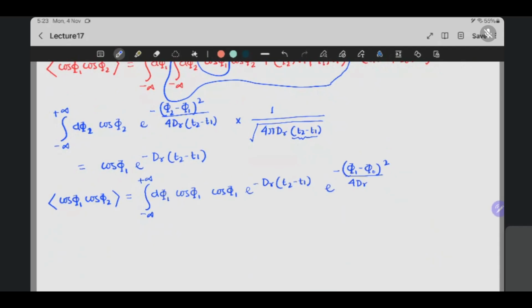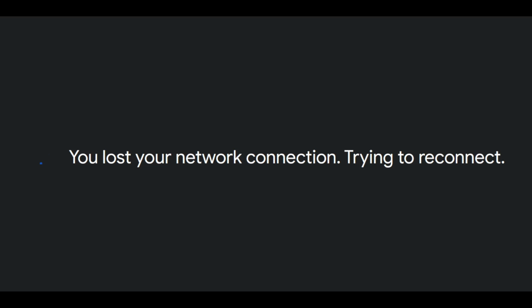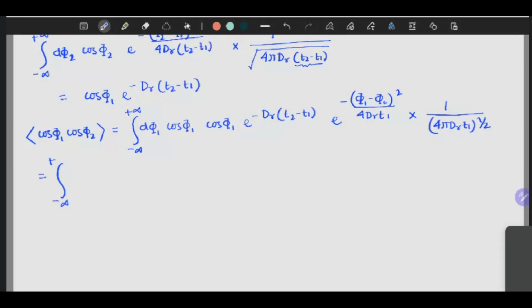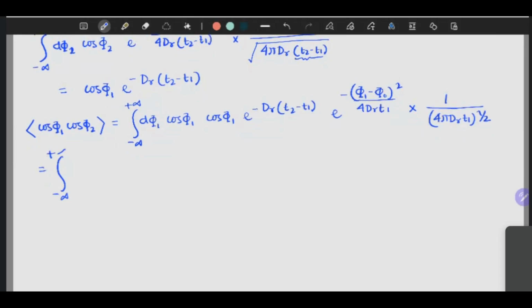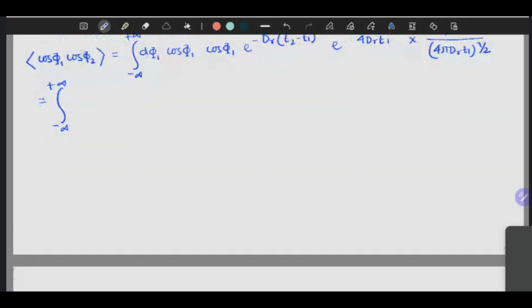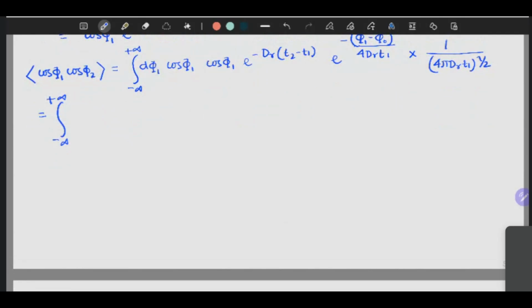Okay, so then this becomes the integral from minus infinity to plus infinity. Here cos φ1 times cos φ1 is cos φ1 squared, into e to the power minus (φ1 minus φ naught) whole square by 4Dr t1, into 1 by root over 4πDr t1.